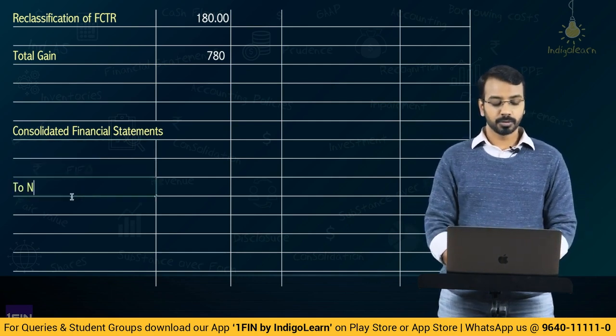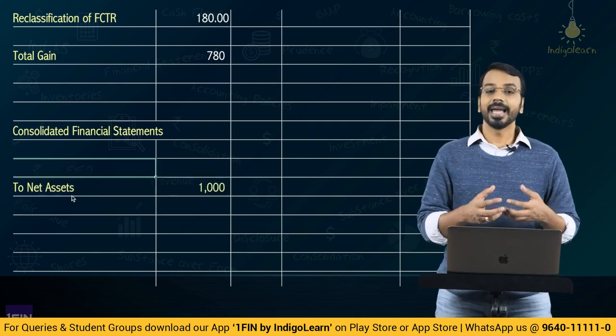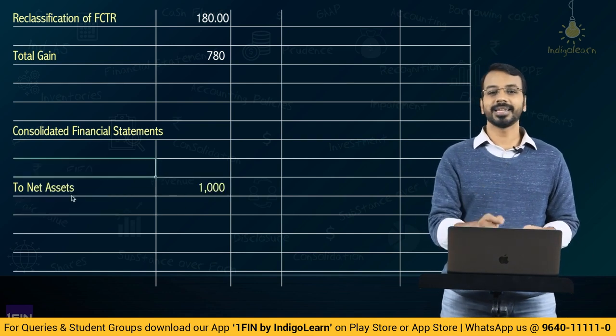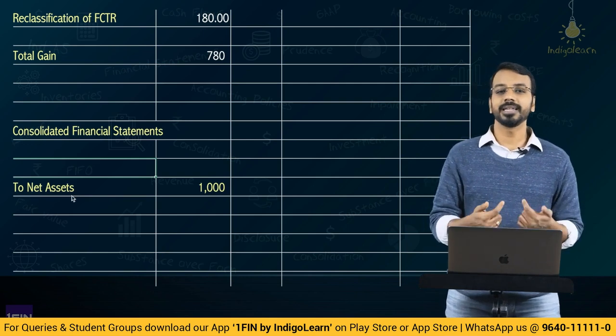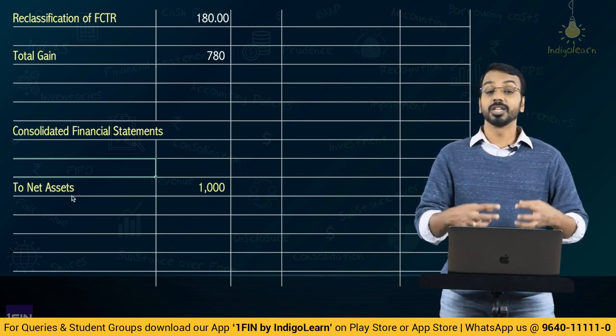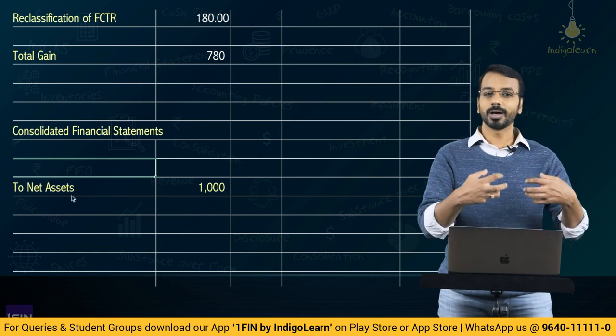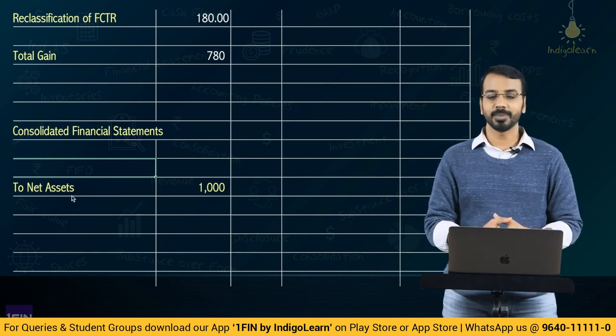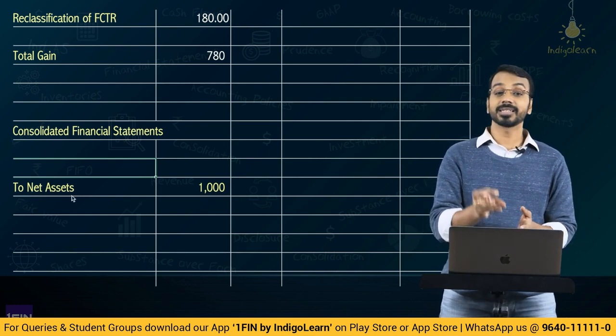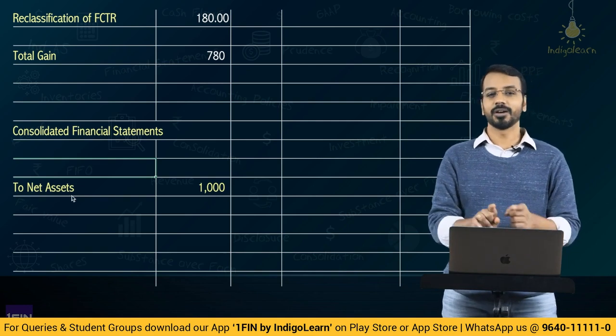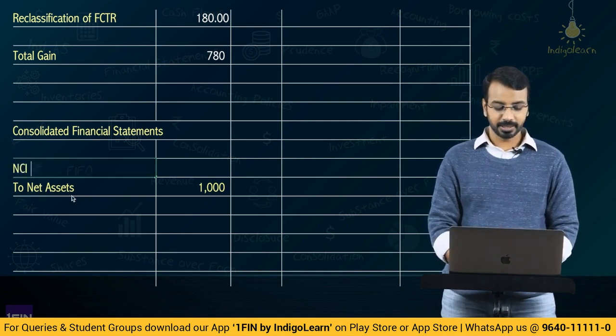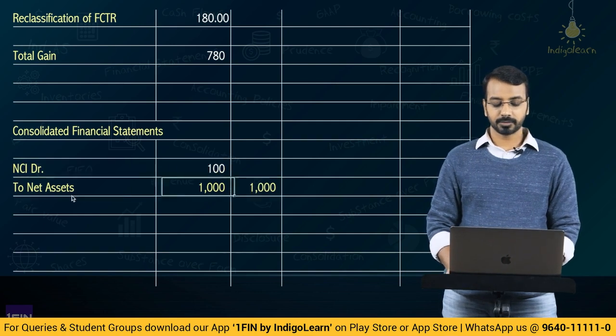So, credit net assets 1000. Then NCI, which has a share in net assets of 100, will be de-recognized. Why de-recognized? Because the non-controlling interest is no longer a part of the consolidated financial statement. Non-controlling interest has a credit balance of 100. So now you have to debit that. So NCI debit 100. Let me put this side so it is easy.